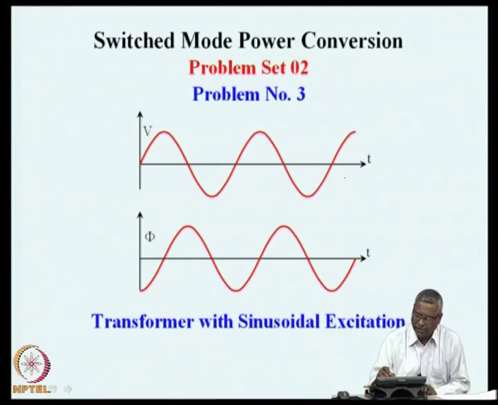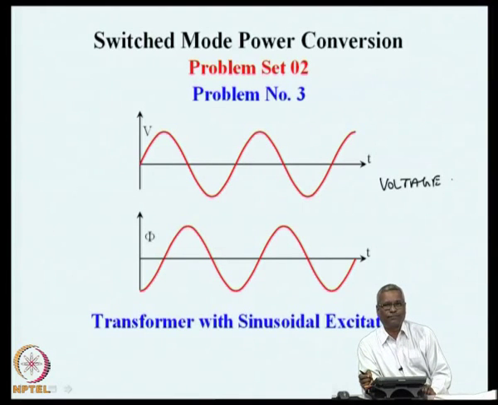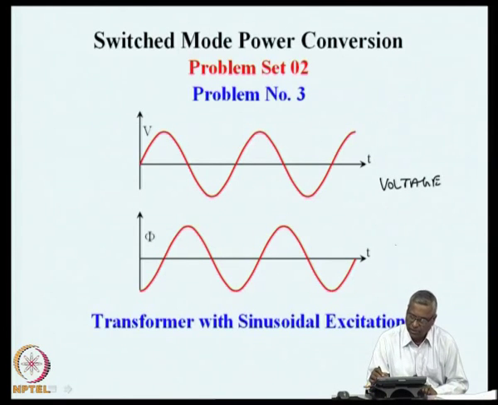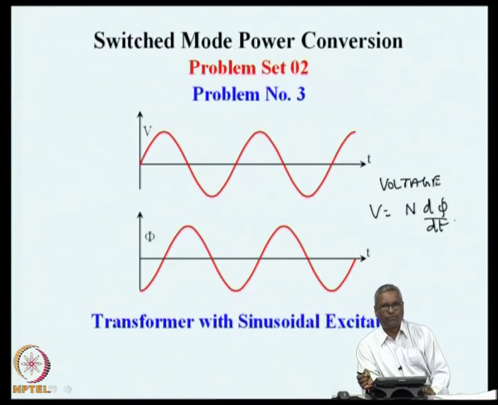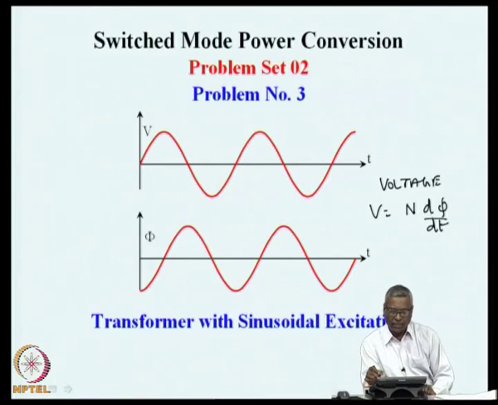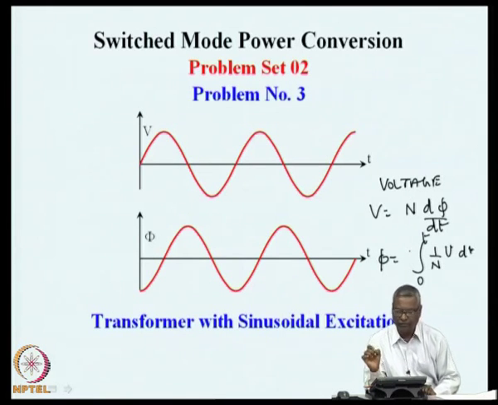For example, what you see here is the voltage applied to the winding of a transformer. Because V is related to the rate of change of flux through the number of turns, the flux is really the integral of 1 by n V dt from initial condition 0 to t, from whatever phi naught.